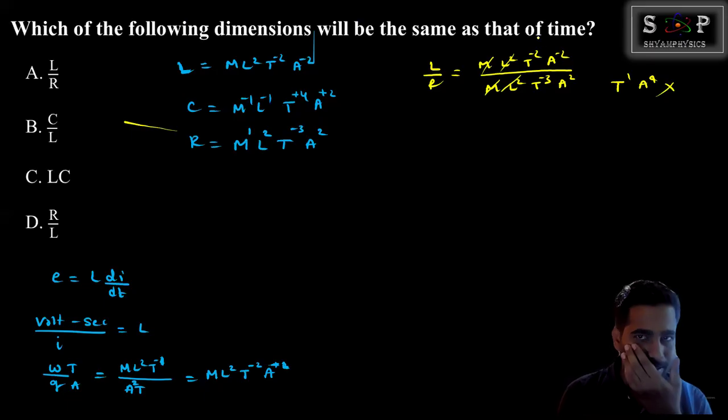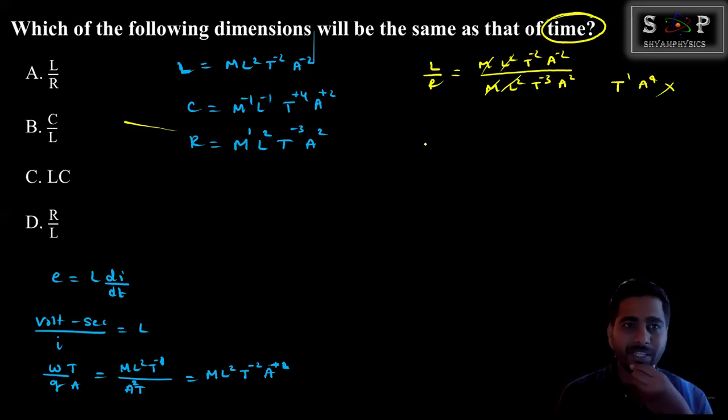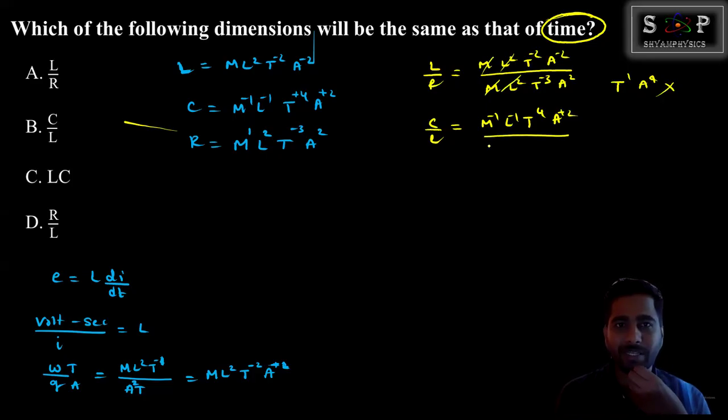So it is not matching, they're asking for time. Second equation, C by L. C that they have given, m to the power minus 1 L to the power minus 1 t to the power 4 a to the power plus 2, divided by L, m L to the power 2 t to the power minus 2 a to the power minus 2. So here also it is not matching.